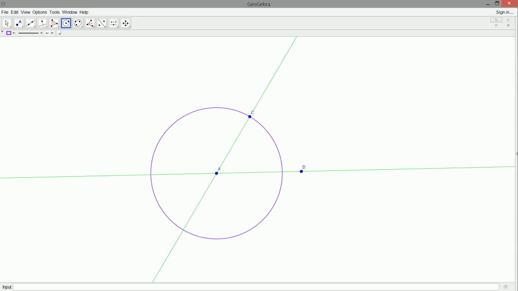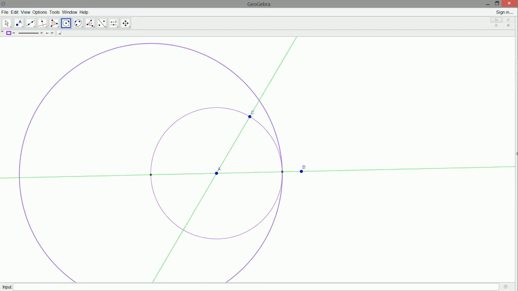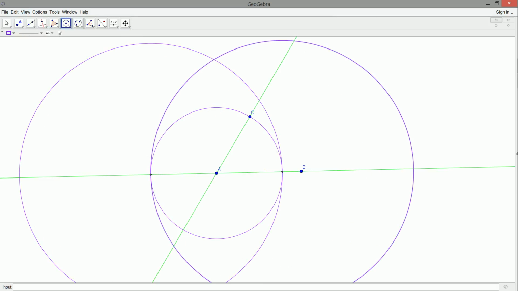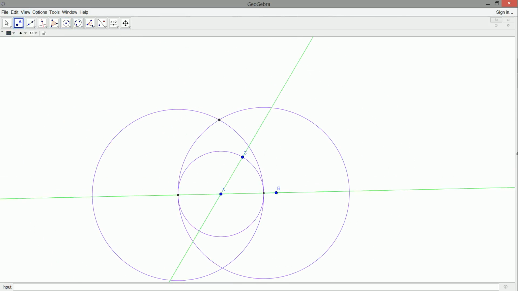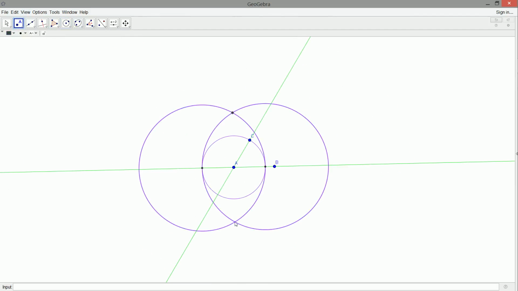Okay. So from there, we have these intersection points of the line AB and this circle. And so I'm going to create a perpendicular bisector through A. We've probably seen that many times, depending on what order you're watching these videos in. So we get our line going through A right there.